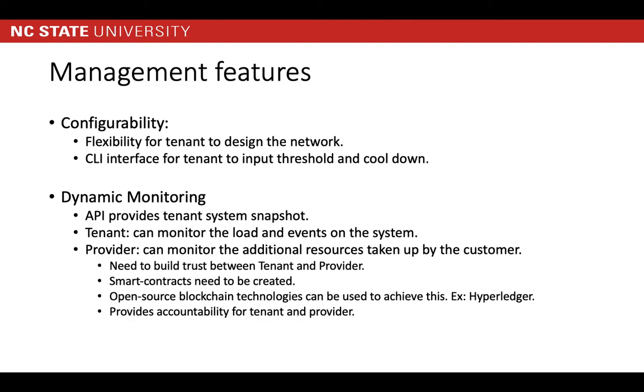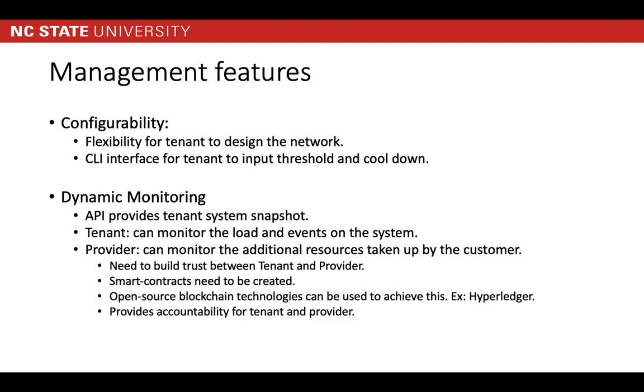The second feature that we have is dynamic monitoring. We have exposed an API to give a snapshot of the current tenant system. Whenever you call this API, you get a JSON back. In the JSON, you'll have details about the current system state: whether the tenant is using more resources, whether he is in the scaled up state, scaled down state, or idle state, how many resources he's using, and on which hypervisors his resources are currently running.